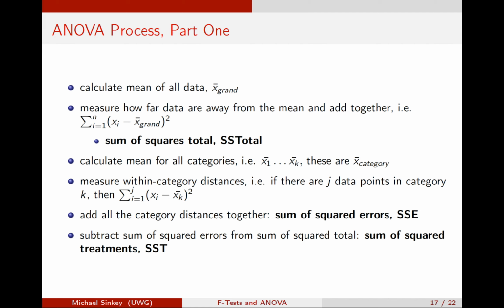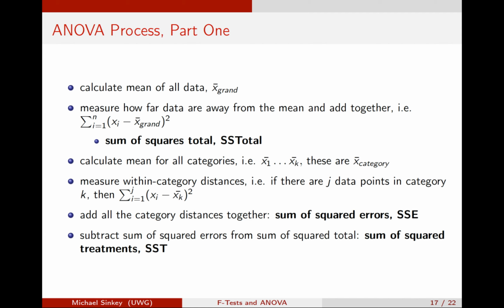So I take each data point, subtract the overall mean, and square it, then I add it together. And you may think of this as being like a measure of variance from all data from the overall mean. So it functions similarly to the overall variance, with the exception of we're not dividing by n-1 here.